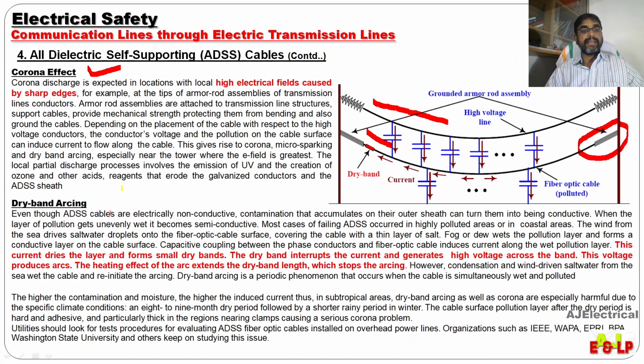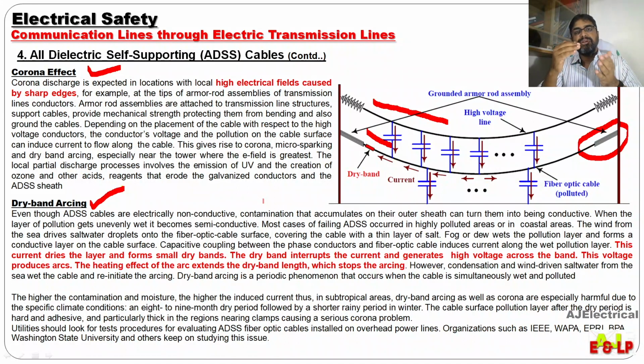Next is dry band arcing. We know the fiber is non-conductive, but contamination may accumulate on the fiber, and the pollution can convert the fiber surface to a semiconductive type. Below the phase conductor, this semiconductor surface will create a capacitive effect.